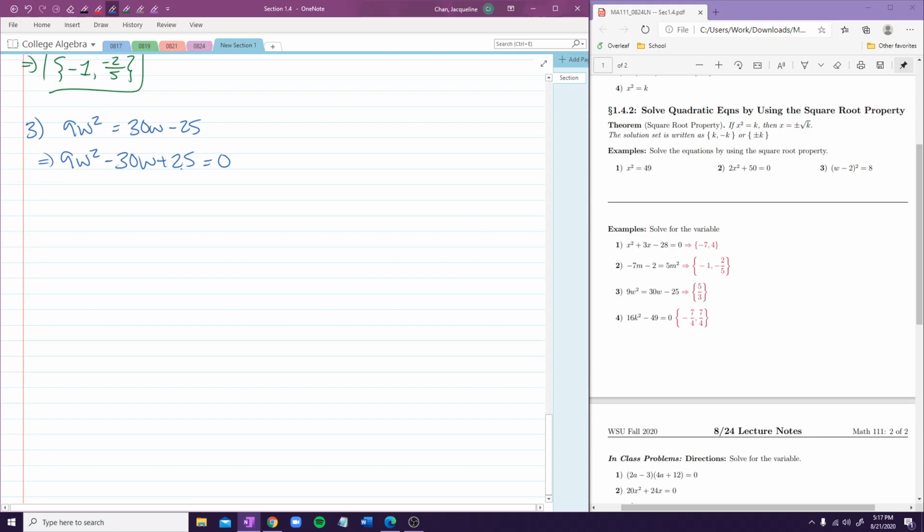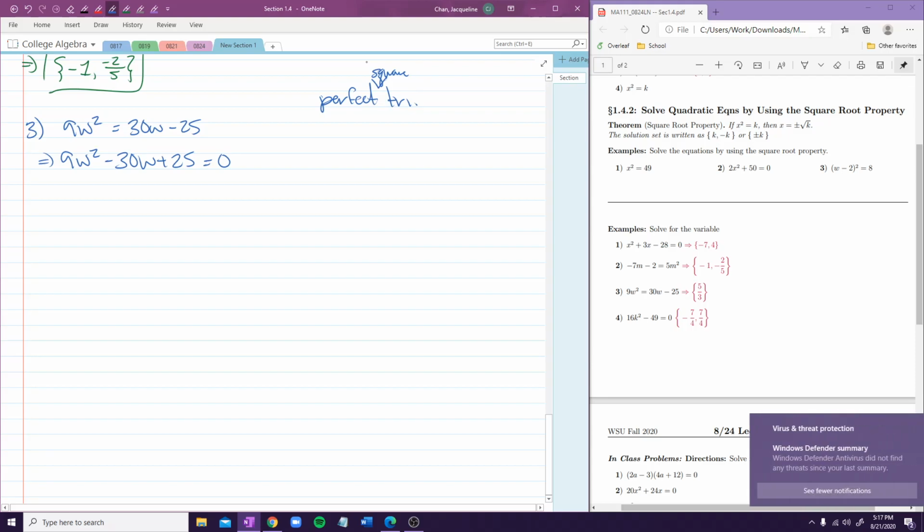I don't know about you guys, but finding two numbers that multiply to be 9 and 25 and add to be negative 30, that seems like a lot of work. So I want to show you guys some tricks. Keep in mind the perfect square trinomial.